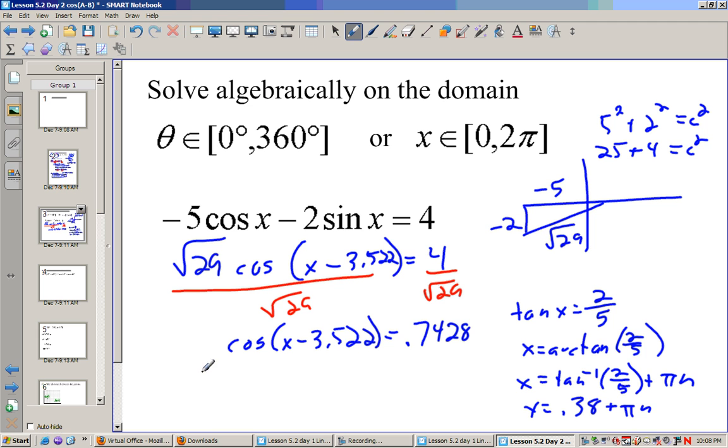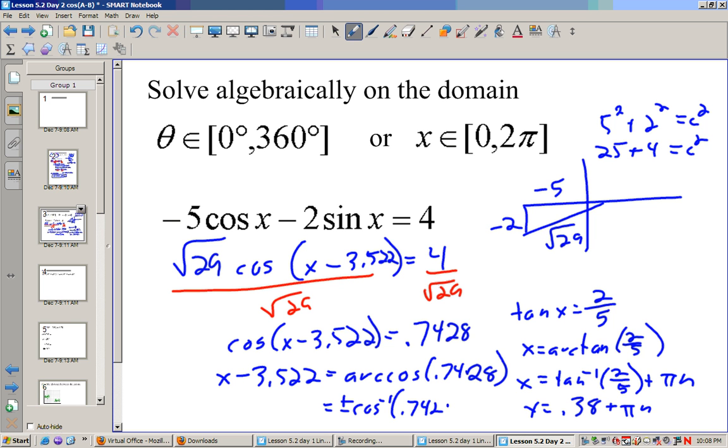And now I take the arc cosine of both sides, so x minus 3.522 equals the arc cosine of 0.7428, which is plus or minus the inverse cosine of 0.7428 plus 2 pi n.